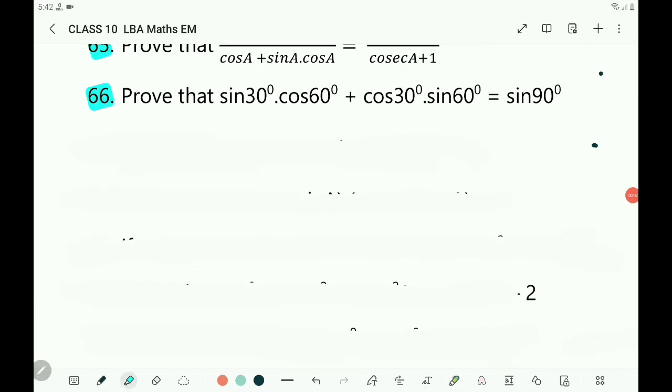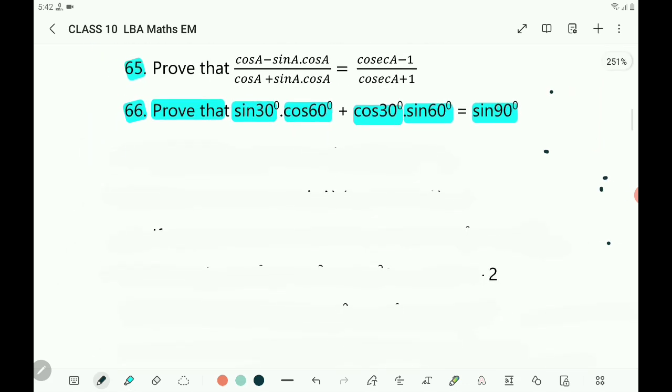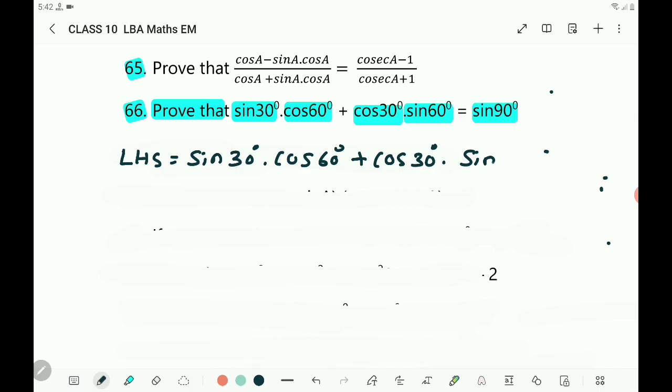Question number 66. Prove that sin 30 degree, cos 60 degree plus cos 30 degree, sin 60 degree is equals to sin 90. Now you take the LHS. LHS equals sin 30 degree into cos 60 degree plus cos 30 degree into sin 60 degree equals, what is the value of sin 30?